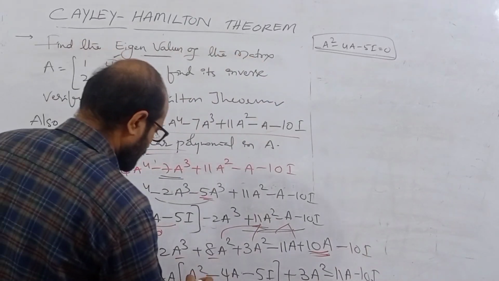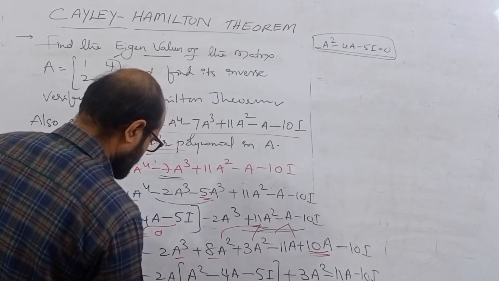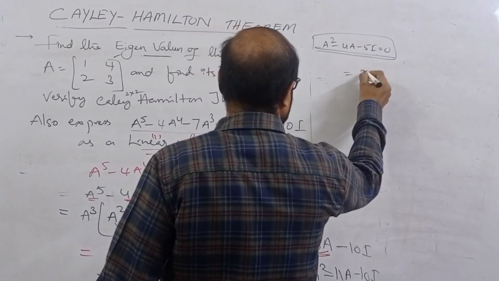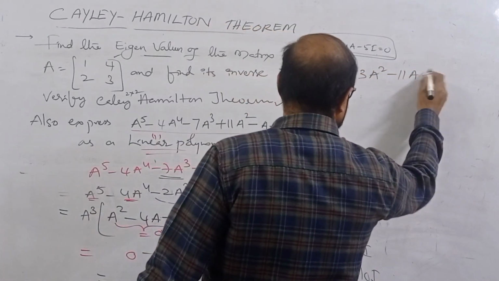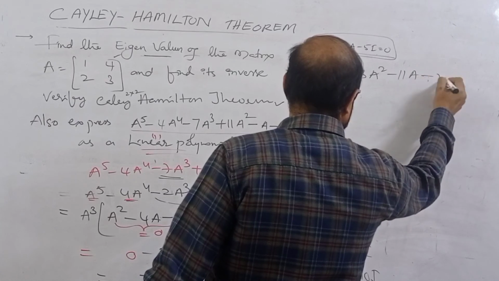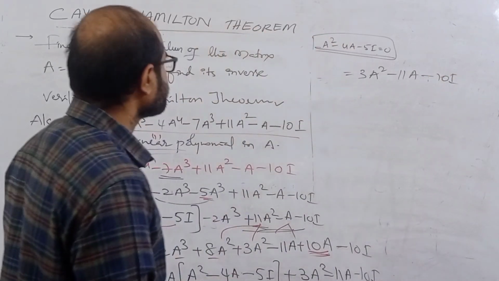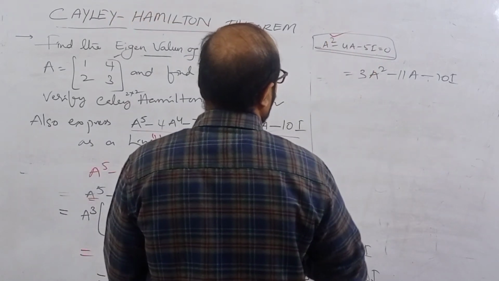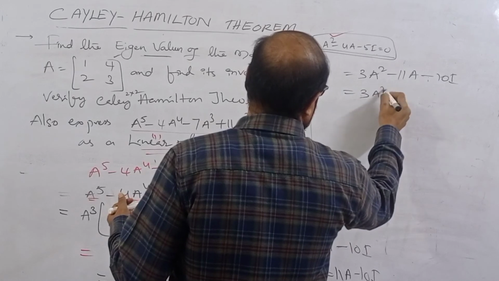Now what is this? A square minus 4A plus 5I value is 0. So this total is 0. Right? 0 plus something. Now let us take this one next: 3A square minus 11A minus 10I. From this again, I want A square minus 4A. How? If I take 3 common, then I want 12 here.